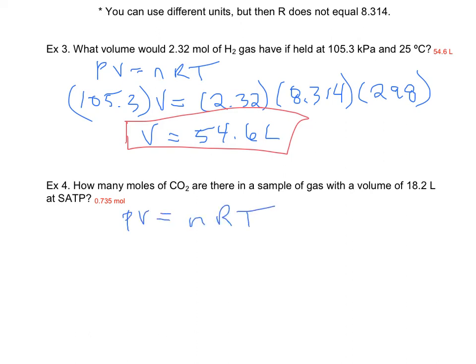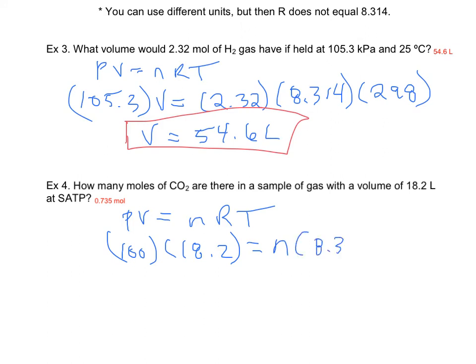So I start with the ideal gas law and sub in what I know. At SATP, the pressure is 100 kPa, the volume is 18.2 liters. I want to determine the amount of moles.